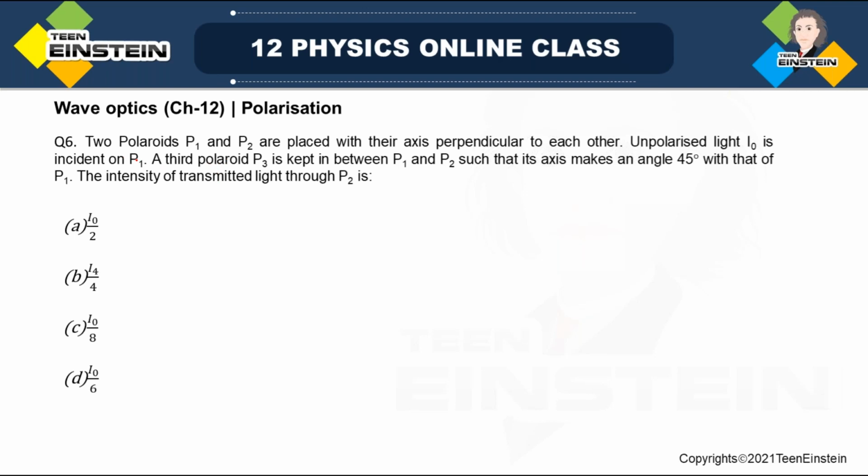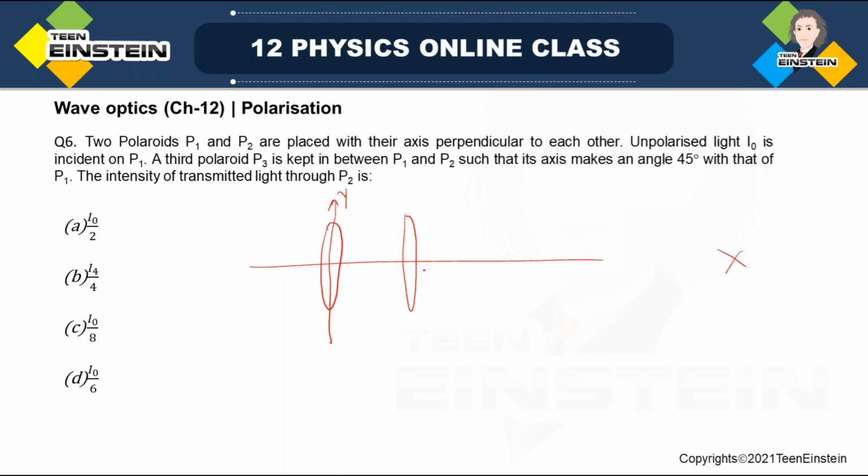So let us see what is there in this. Two polaroids P1 and P2 are placed with their axis perpendicular to each other. That means this is one polaroid, and another polaroid is this. But look, what is the situation? The situation is that this one has pass axis along y.